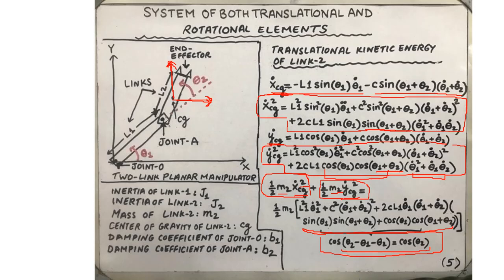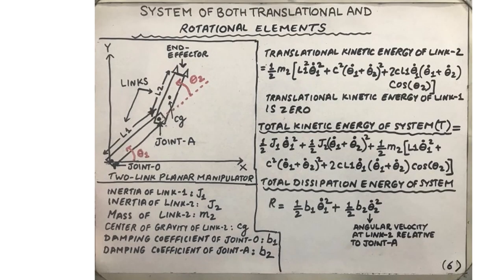This will be the expression of total translational kinetic energy of the system, and once again we emphasize that it is totally attributed to the translational kinetic energy of link 2. There is no translational kinetic energy associated with link 1, which only exhibits rotational kinetic energy. Hence, we have almost completed our job.